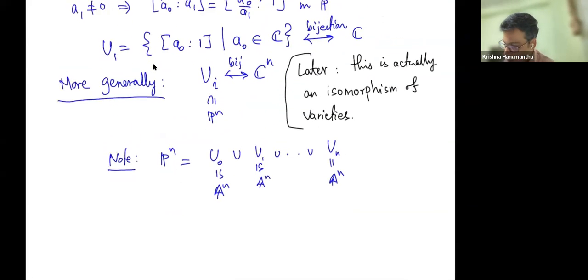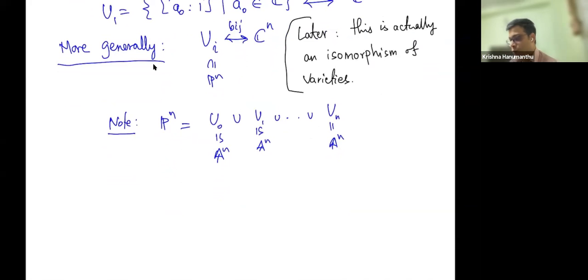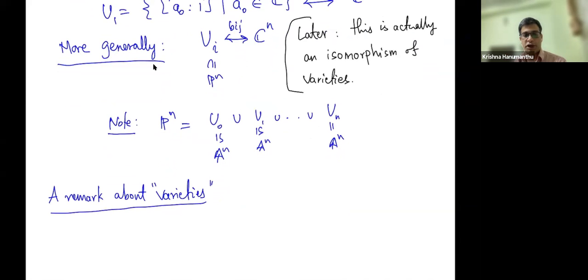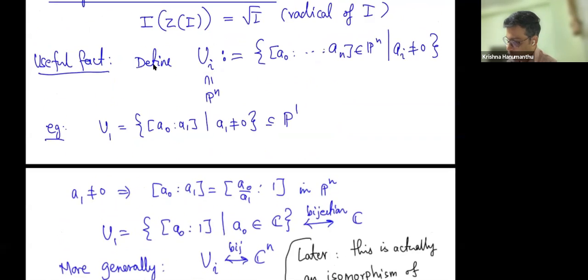Okay, so most of the time in this course of lectures, you will talk about either affine varieties or projective varieties. A remark about varieties: currently we have talked about only affine or projective varieties, so there is an adjective in front of variety. It's either an affine variety, in which case it is a closed subset of A^n in the Zariski topology, or a projective variety, which means it's a closed subset of P^n, again in the Zariski topology, which I have not written here, right?